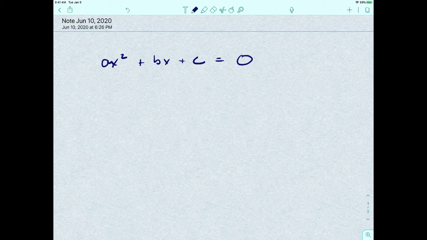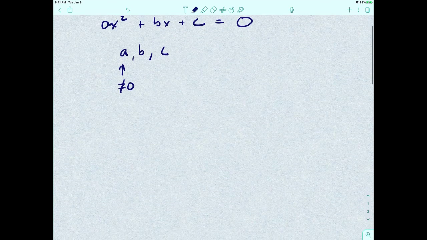where a, b, and c are numerical coefficients, and a cannot be 0. All right.